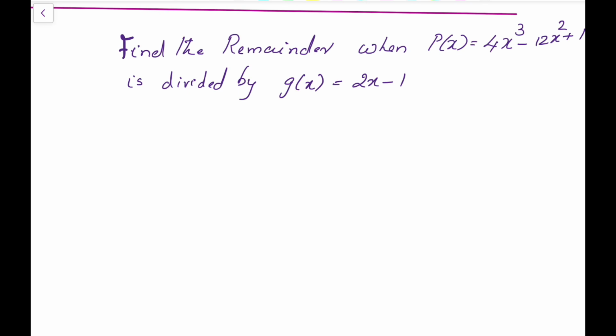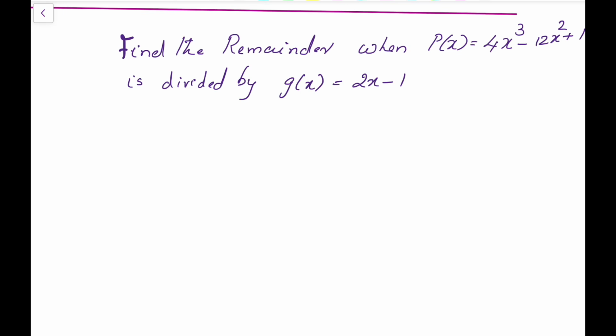Find the remainder when p of x is divided by g of x. We have already learned long division. When you do the long division, you can find the remainder. Now, without doing the long division, if you have to find only the remainder, you can use the remainder theorem. What does the remainder theorem say?